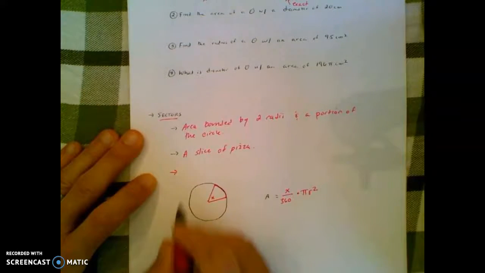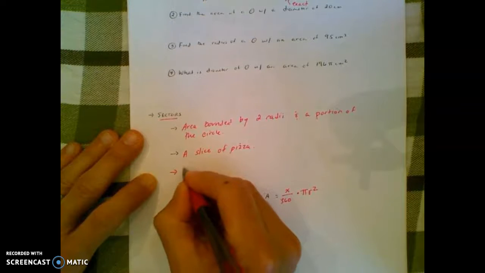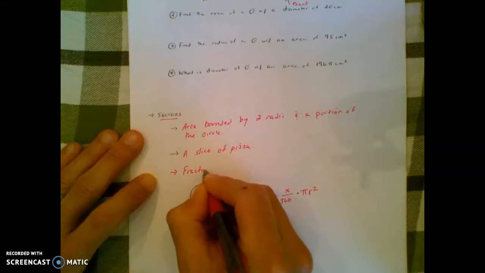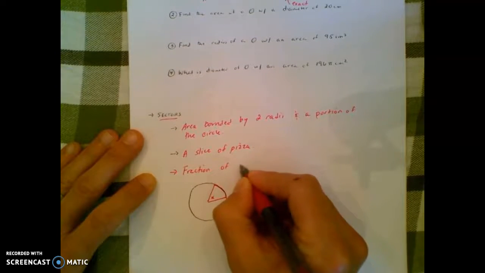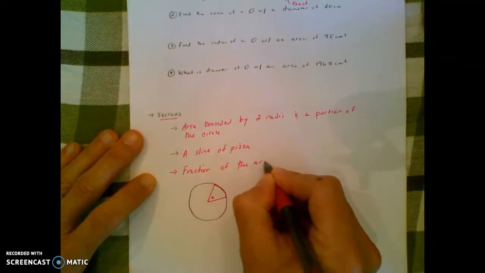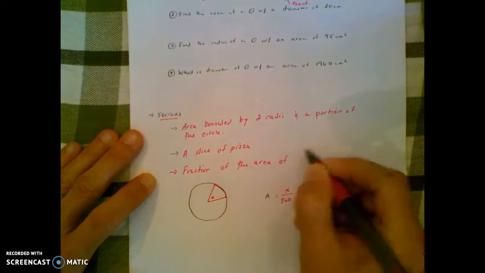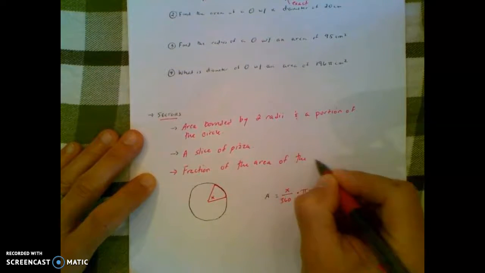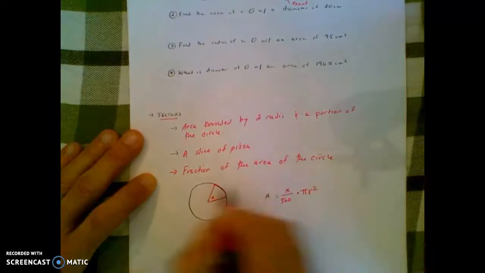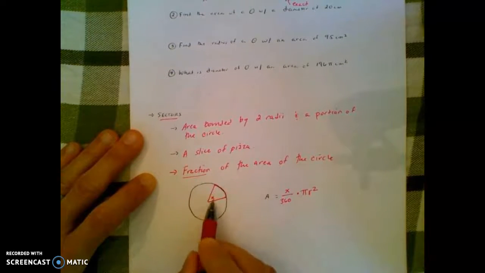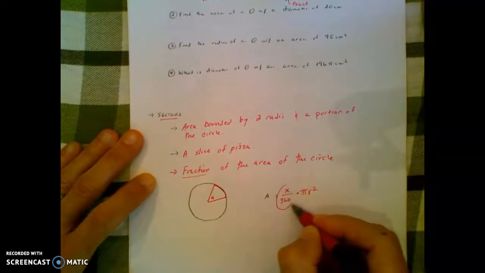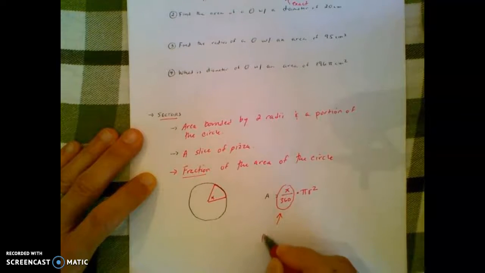So I also like to think of this as a fraction of the area of the circle. This fraction is coming from the angle measurement over 360. So this is a fraction of the circle.